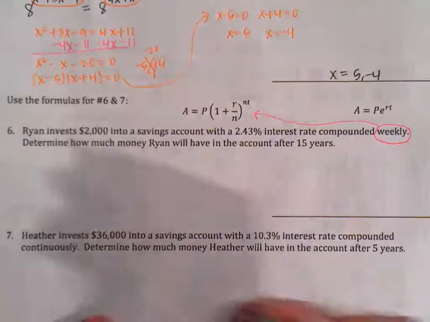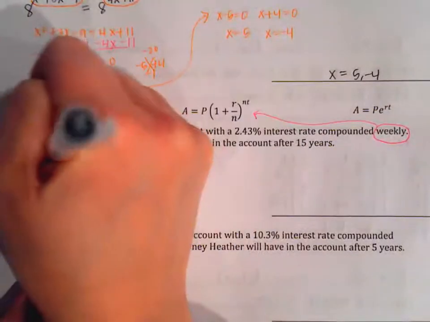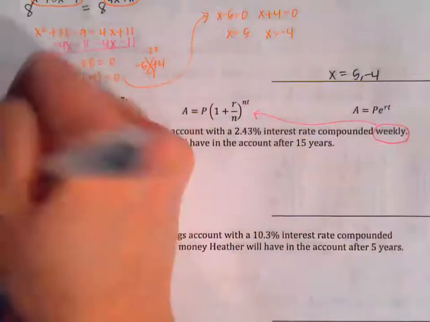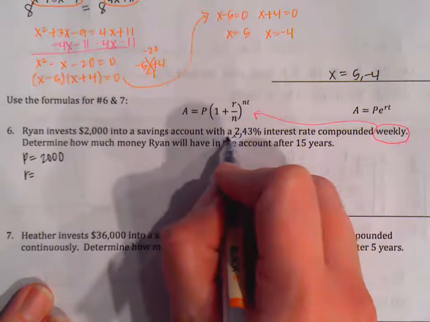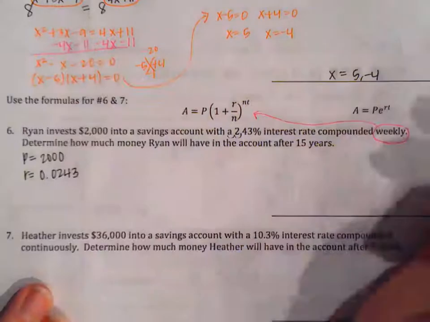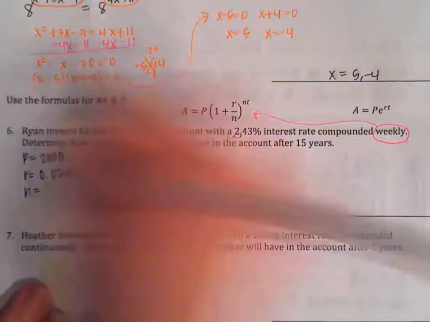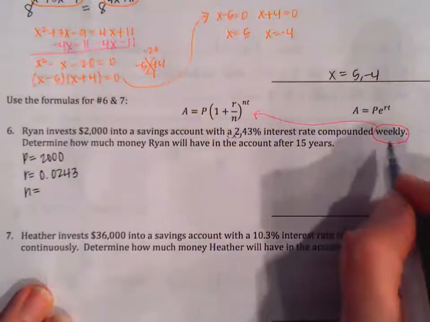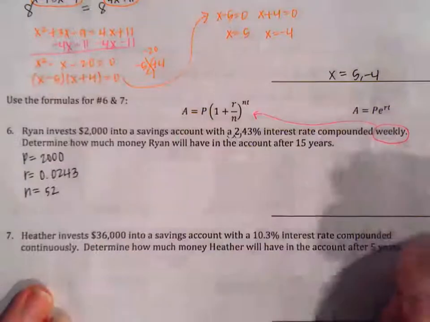So I'm just going to identify everything. P, which is like my principal, my starting amount, is $2,000. My rate is 2.43, but remember we've got to move it over 1, 2, so it's 0.0243. My n is the number of times it's compounded in 1 year. So it's compounded weekly. There are 52 weeks in 1 year.